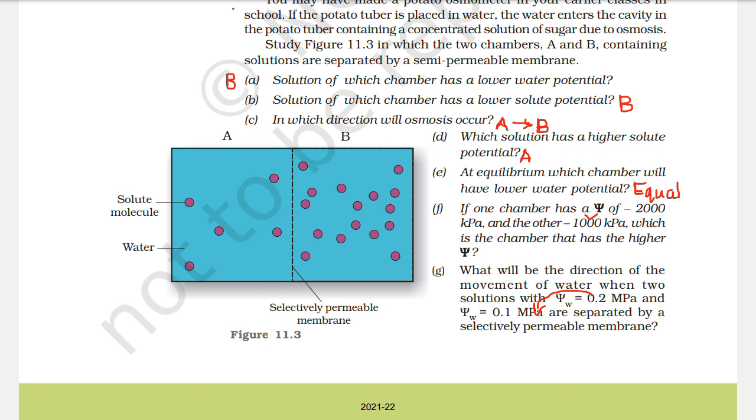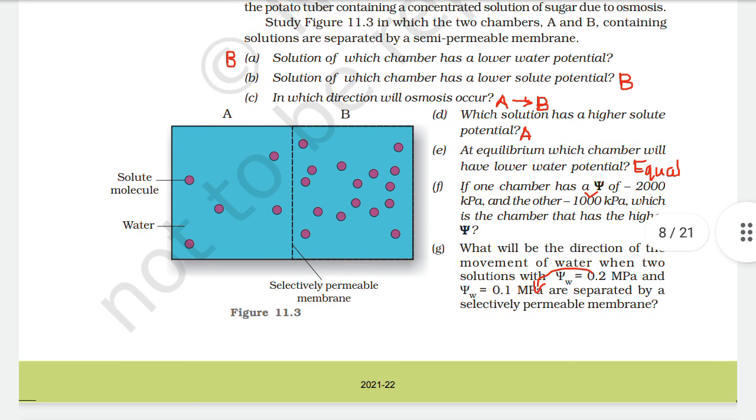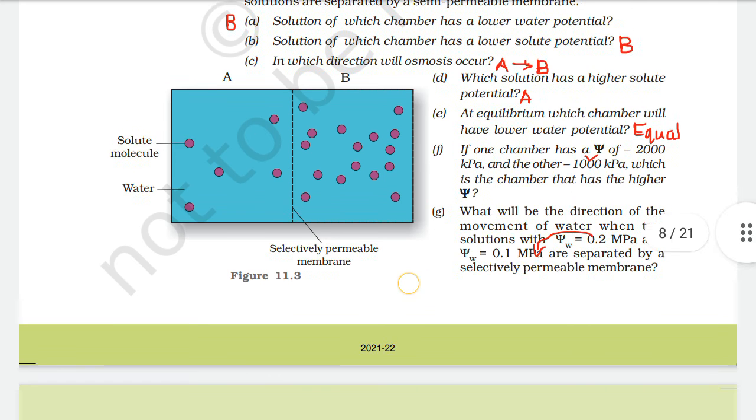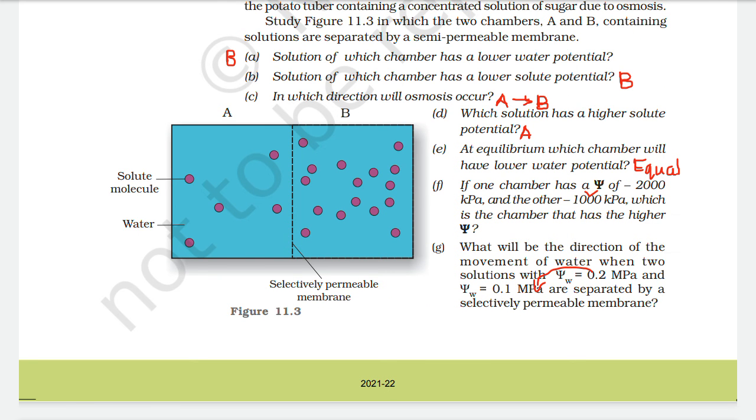Next, which has lower solute potential? It will also be B. Why? Lower solute potential means a more negative value of solute potential.